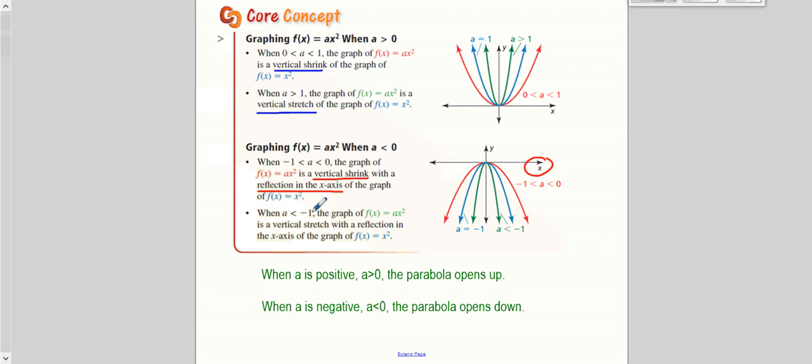When a is less than -1, say -2, -3, then the graph is a vertical stretch with a reflection in the x-axis. So when a is positive, a is greater than 0, the parabola opens up. When a is negative, the parabola opens down.